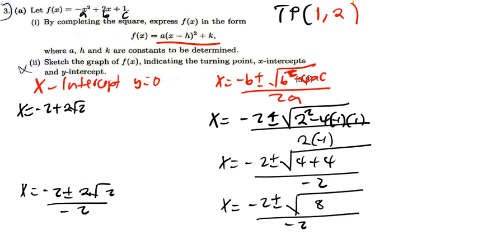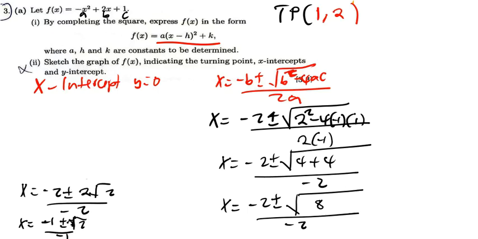Or before I even go there, to make things simple, just here x will be equal to, I can divide everywhere with 2. So it's going to be -1, okay, then plus or minus, here is also 1, so it's just the root of 2, then divided by -1.